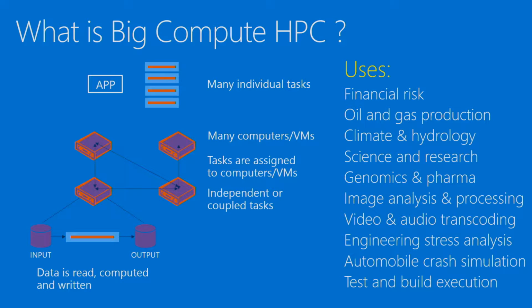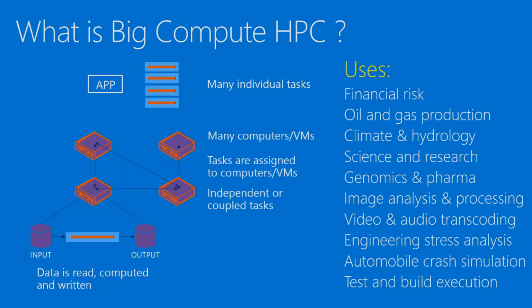Oil and gas, upstream, downstream, across the entire value chain of oil and gas, HPC is used for oil and gas exploration, reservoir simulation, just computational fluid dynamics in general. It's used in climate and hydrology. We have some of the biggest government agencies using Azure to do simulations.